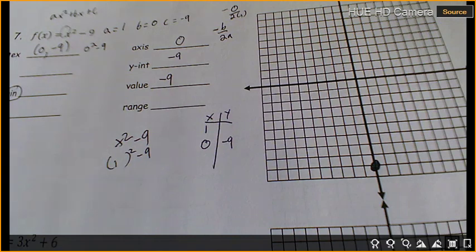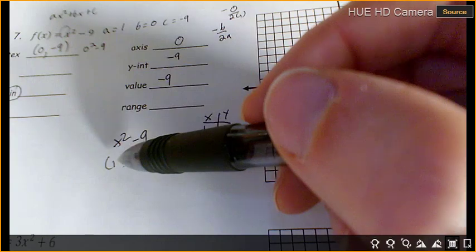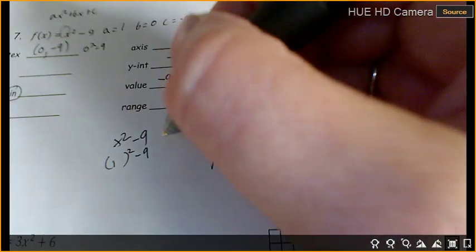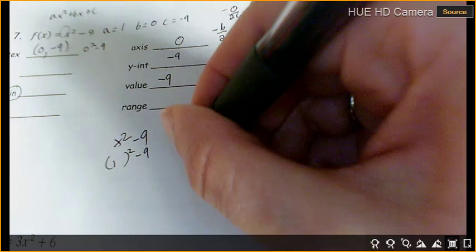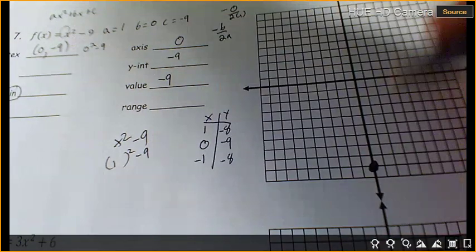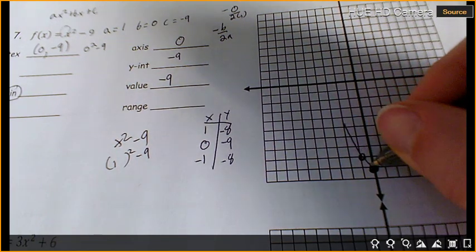So I go x squared minus 9. 1 squared minus 9. What's 1 times 1? I'm just plugging in numbers on either side of the axis of symmetry. What's 1 squared? 1. What's 1 minus 9? -8. And that's going to be the same for -1 as well. So we're just right here. That's my graph.